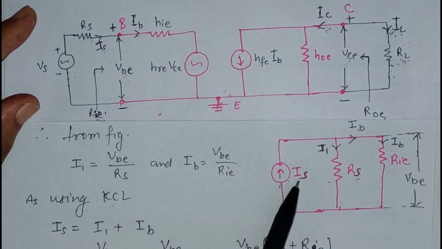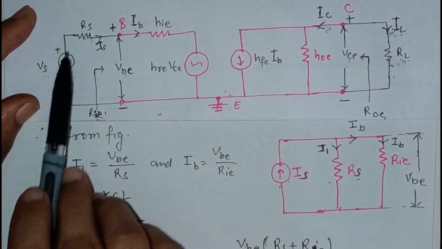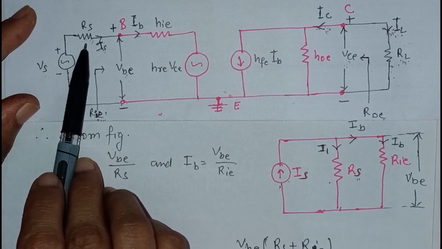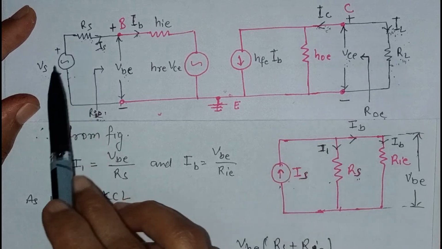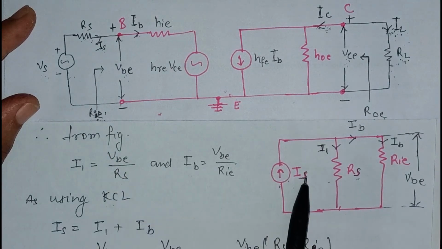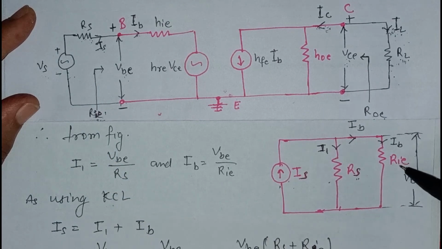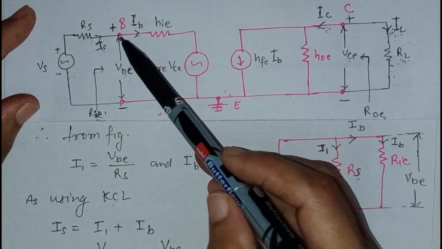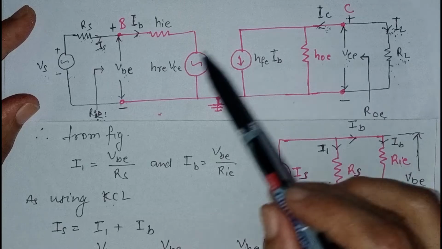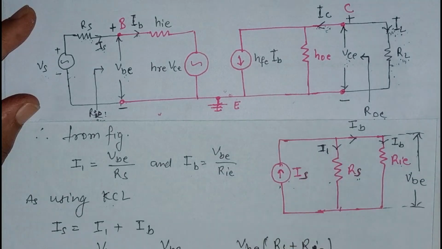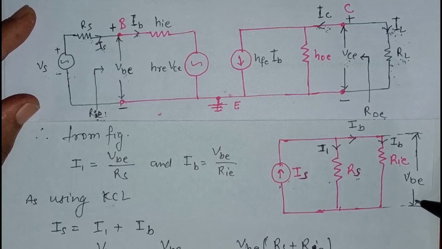So we have placed Is here, and the resistance that is in series with the voltage source we put in parallel to this current source. So this voltage source is converted into a current source, and this is Rs. This is the input resistance RIE of the overall circuit, and across this RIE there is a voltage VB, the input voltage.